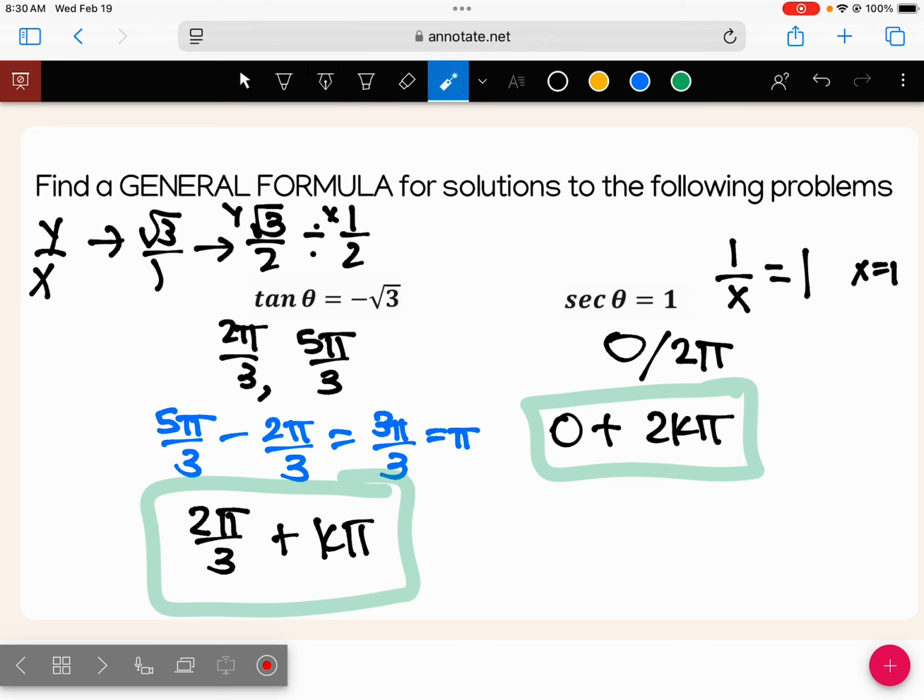That is the most simplified version of this answer that we are able to possibly get. So keep in mind that this 0 must be there if your first place that this function is available at is 0. So again, that is finding the general formula. That's where you will write the 2k pi's or your k pi's.